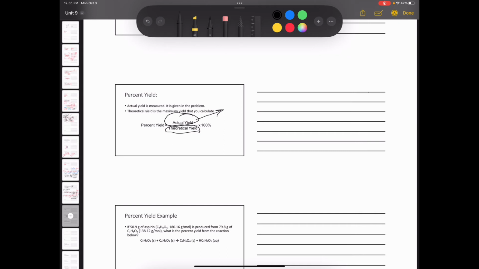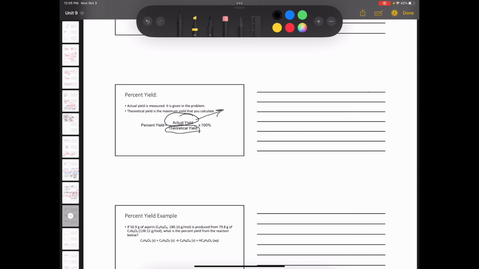We divide the actual by the theoretical, and then multiply by 100%, which mimics the percent error that you now do in the lab when you compare the theoretical to the experimental. Ideally, the closer the percent yield is to 100%, the more efficient the reaction was, running at its optimum conditions.